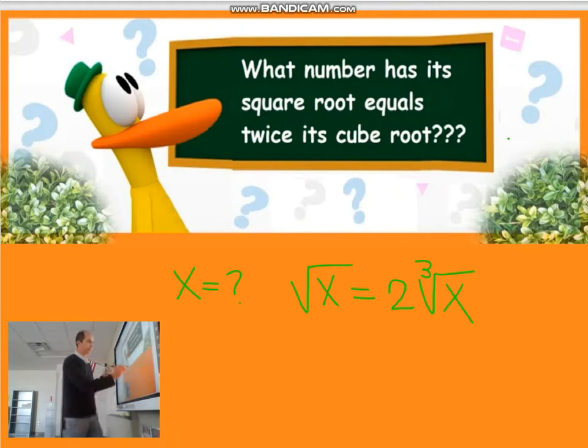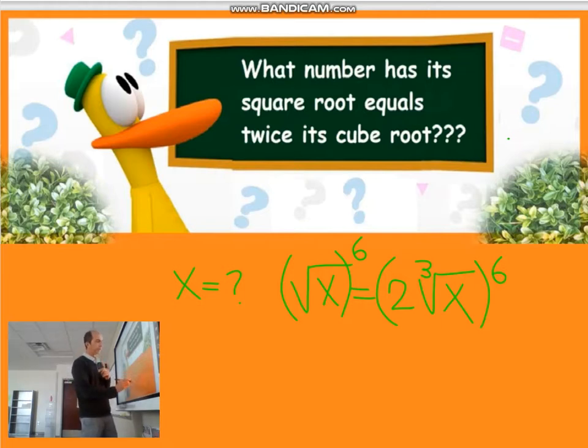Let's simplify the square roots and cube roots by applying the power of 6 on both sides, okay? And this will simplify. We will have x cubed equals, and 2 to the power of 6 is 64, and the cube root of x to the power of 6 is x squared.